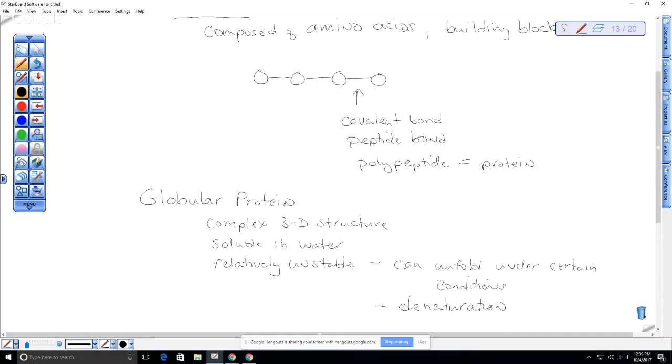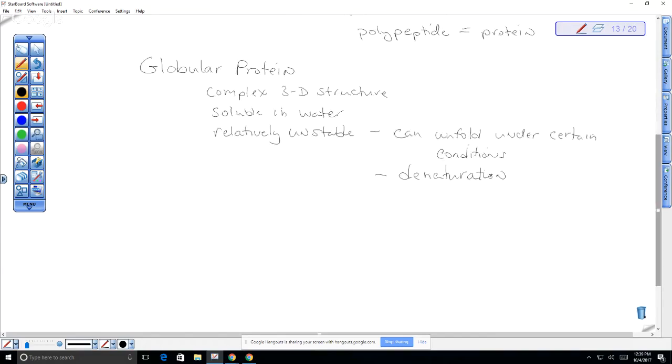The two things that tend to cause denaturation are temperature and pH changes. Once you cook an egg, can you ever get it to go back to the way it was?